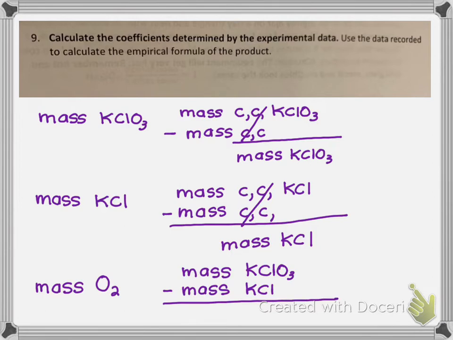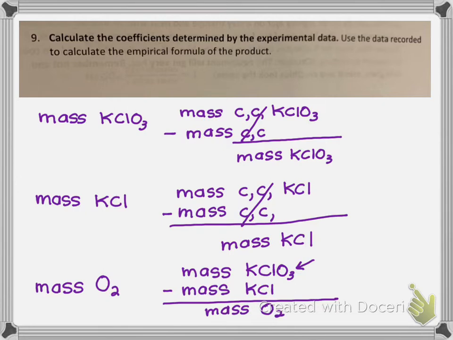And if you look, the difference here is going to be the mass of the oxygen that remains. Now, I know you might think, but this says right here, O3. But recall, when chemicals are making different substances, they don't always have to keep the same ratios. That's what balancing the equation is for.